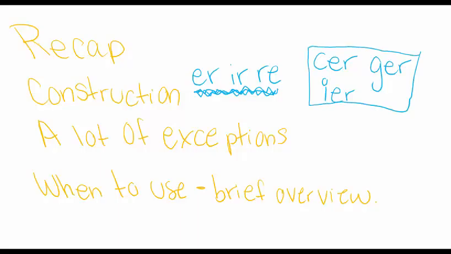So, lancer, partager. I can't think of another EA verb. And then the rest of the exceptions are their own exceptions. Okay, and the brief overview, we will be doing a longer overview later, so I'm not quite sure now. Don't worry, because we will do that again.